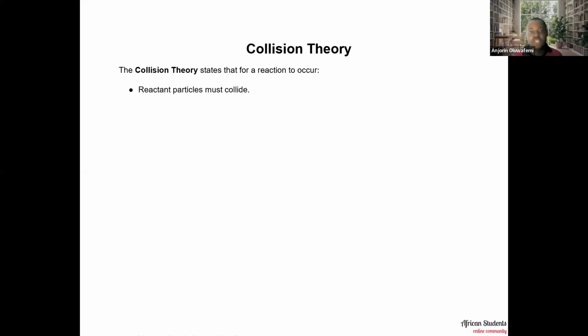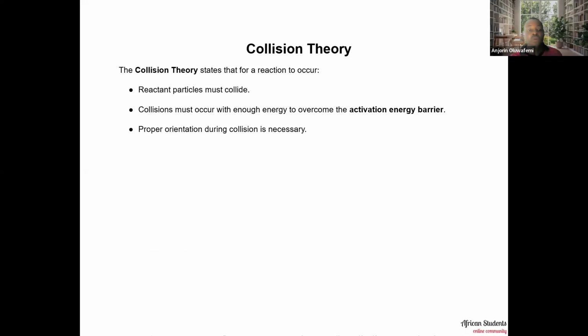So the collision theory said that for a reaction to occur, reactant particles must collide. Number two says collision must occur with enough energy to overcome the activation energy barrier. Okay, so that's number two. The third one is that proper orientation during collision is necessary.